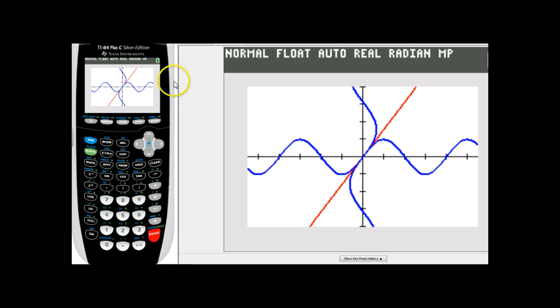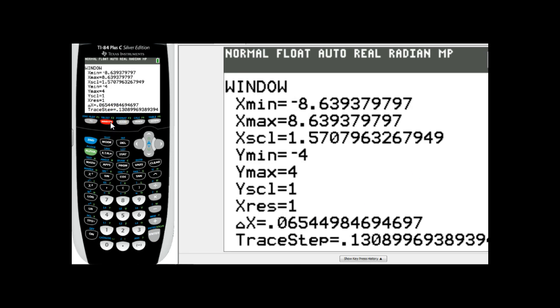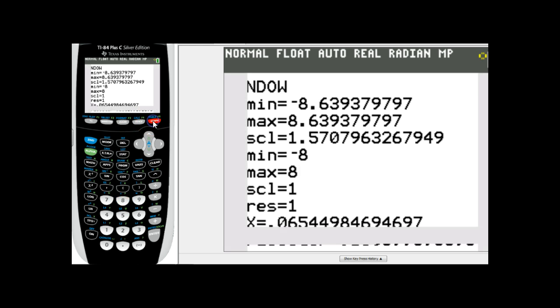Let's see a little bit more of this. Let's zoom out by hitting Window, and let's scroll down, and let's go from -8 to 8 in the y direction. Let's hit graph.